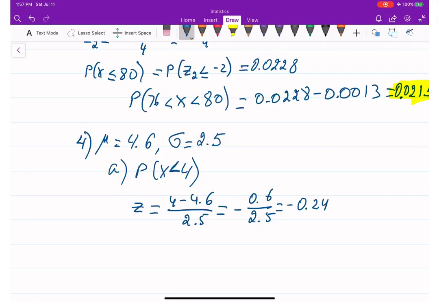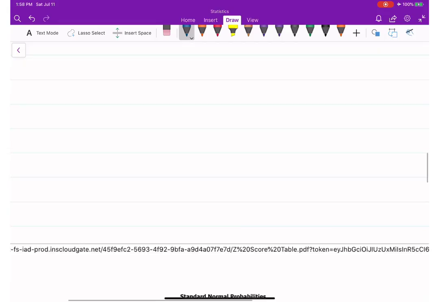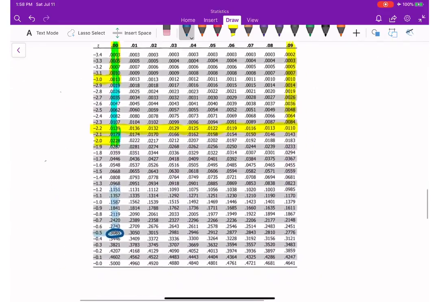Which means probability of x less than 4 is equal to probability of z-score less than negative 0.24. Because the z-score always represents x, right? And we use the z-score to have access to the table. As I said, the x value doesn't have direct access to the table. So that is going to be negative 0.24.